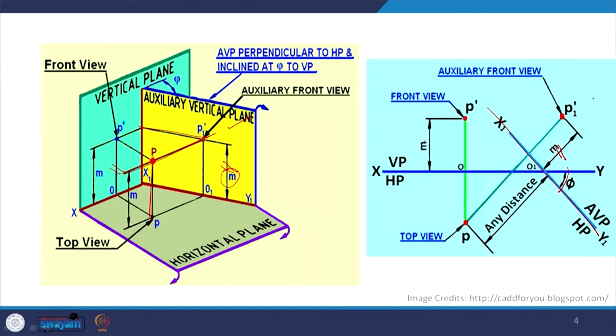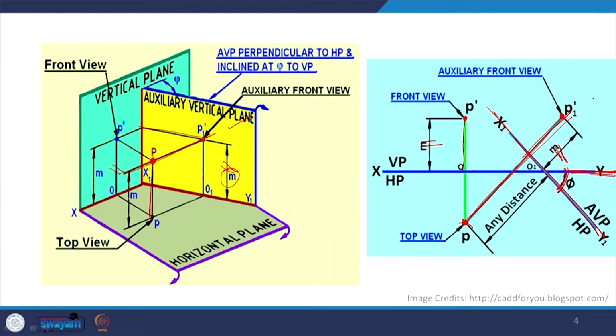This distance will be equal to the height of the point, and the horizontal projection is directly in line with the top view of the object. Here it is just a point, so we just draw a straight line perpendicular to the auxiliary plane, drawn at a certain angle to the XY, which is the representative of the vertical plane, taking the height from the front view.